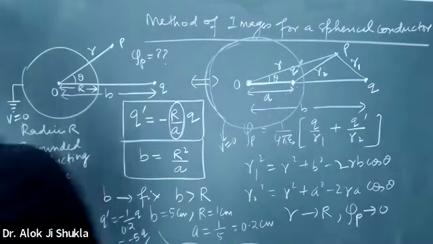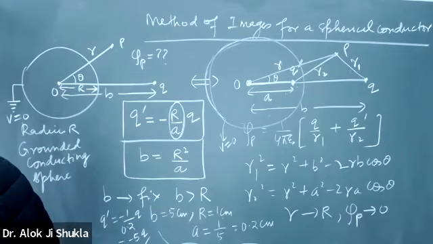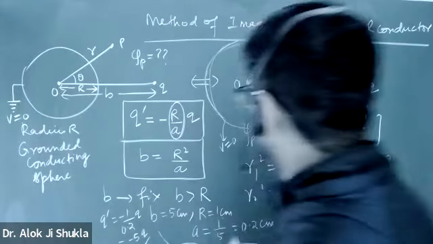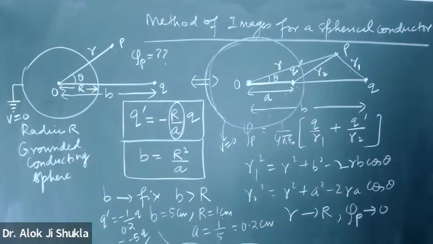So this was a problem related to sphere image problem, and we have calculated everything. Because now q and q dash charge is there, you can calculate the value of force also, right?